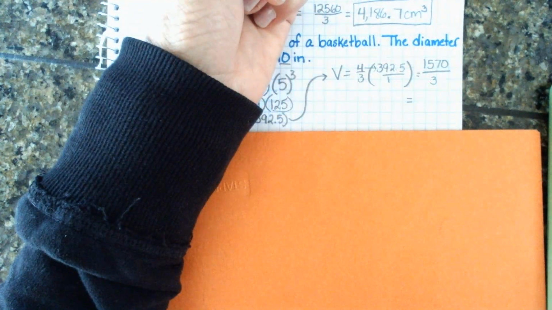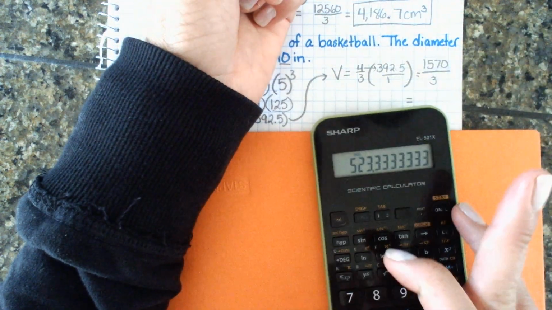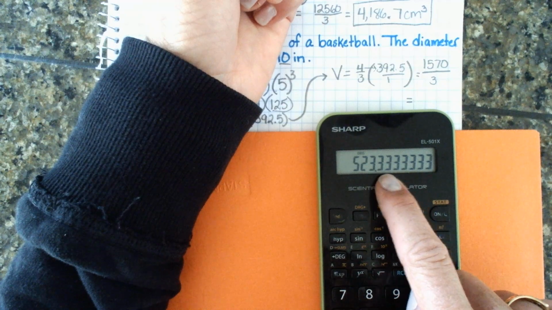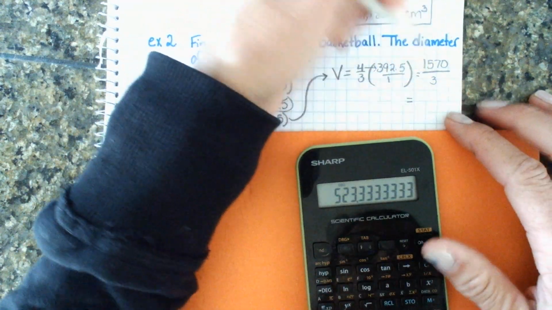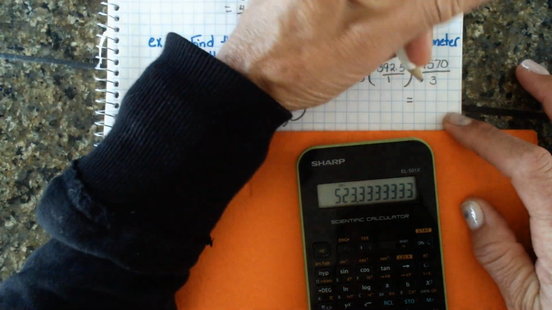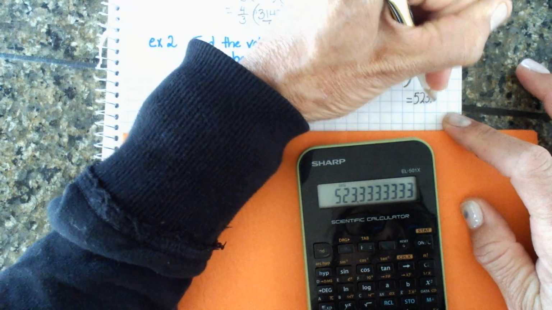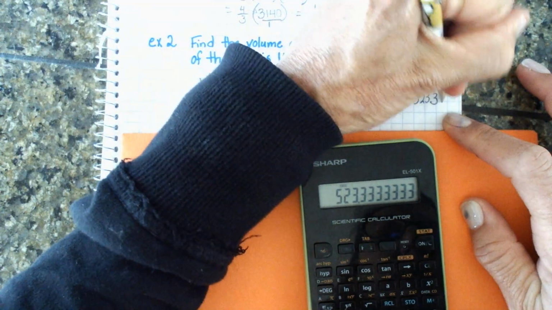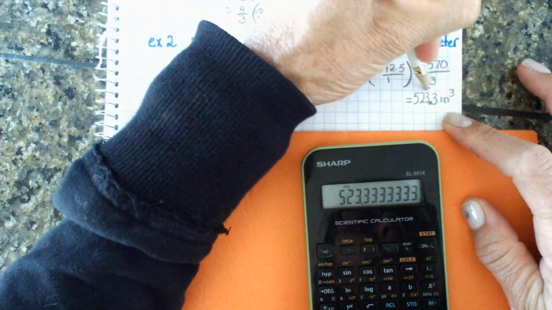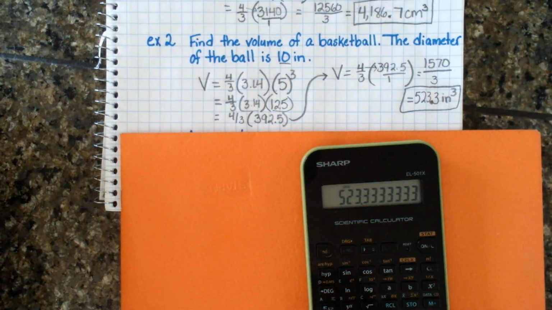Now I'm just going to divide by 3 to get my answer. Again, we have a repeating decimal, so I'm going to round to the nearest tenth. I will not be rounding up this time. So the volume of this basketball, whose diameter is 10 inches, is 523.3 inches cubed. Let me make my decimal a little more prominent. And there we have our answer for example 2.